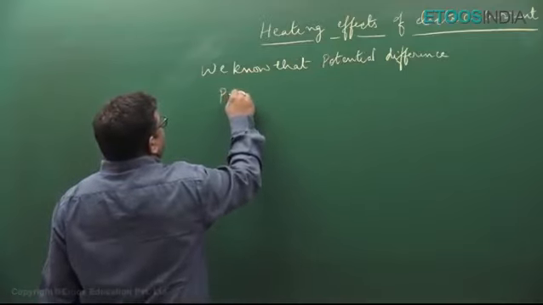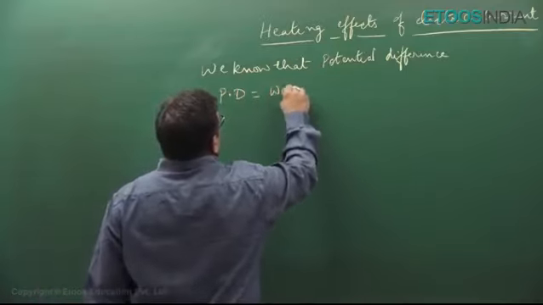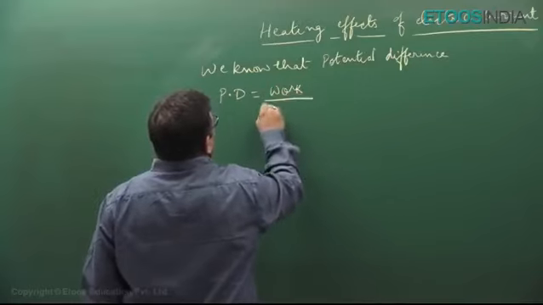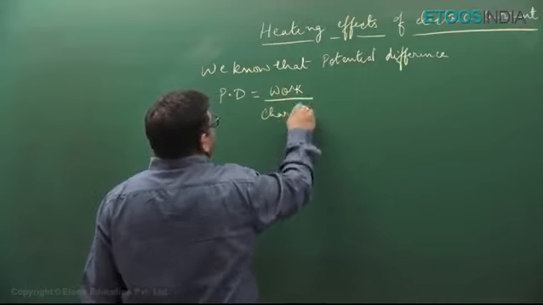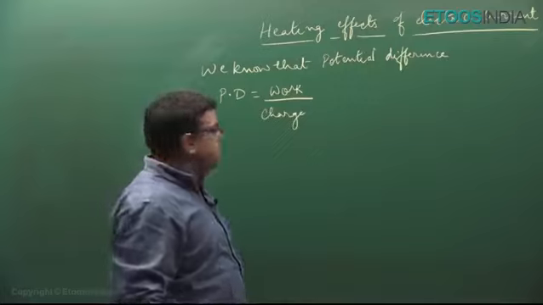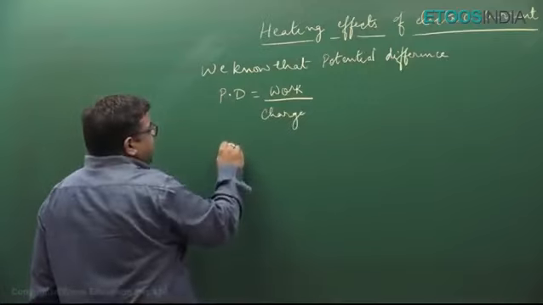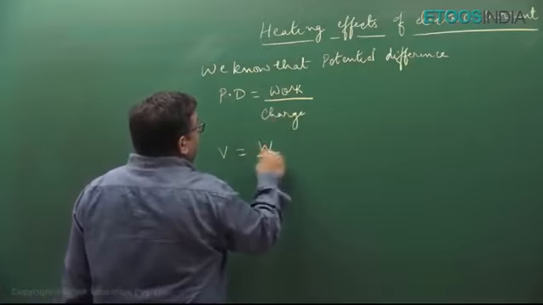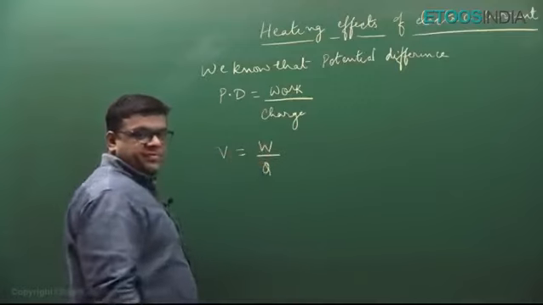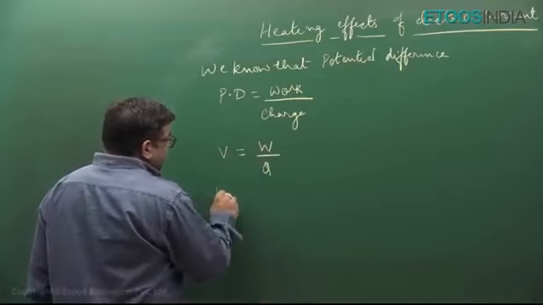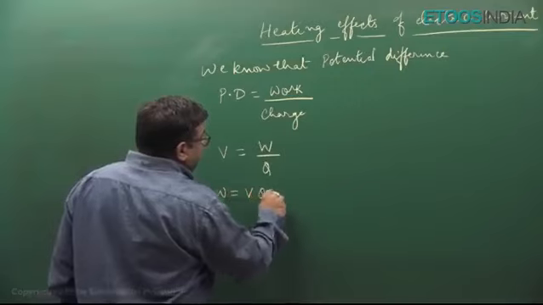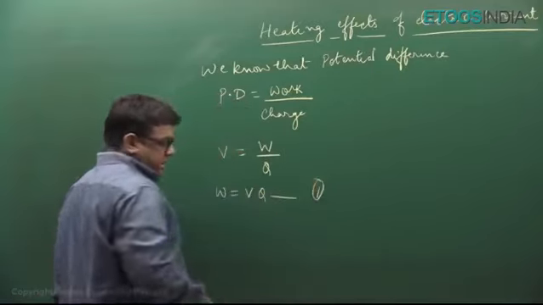So, potential difference is work done upon charge transferred. We denote it by V and this is W upon Q. Here I can also write W is equal to VQ, which becomes equation 1.